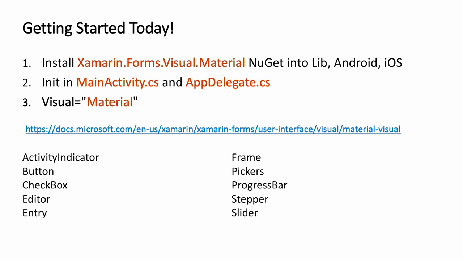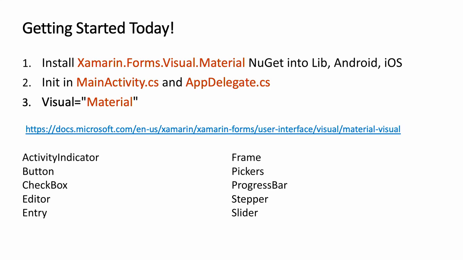These are all the controls available to you in that material design theme. The thing I did not go into, because we only had 20 minutes, is if your company has sets of controls that you've been curating that implement your company's design theme, you can absolutely create your own package that does exactly the same thing.